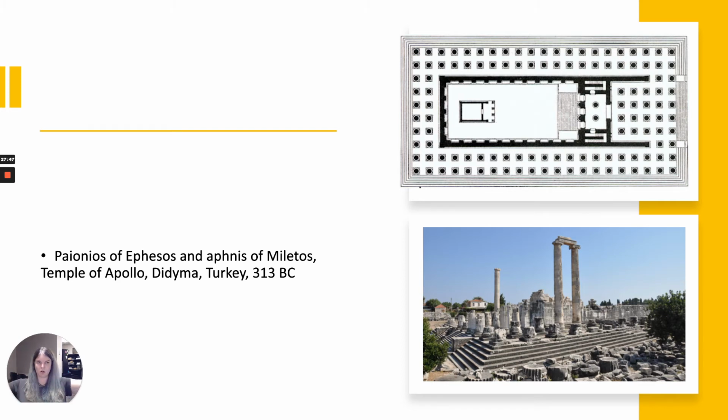It's really just all of these columns around an open courtyard. So it's this very different kind of open air design. That's why I say it's kind of Ionic. We have Ionic columns, but we have way more of them, and we don't have all the other classical elements of the Ionic order, like a pediment, like a naos or cella, like a ceiling, that kind of thing.